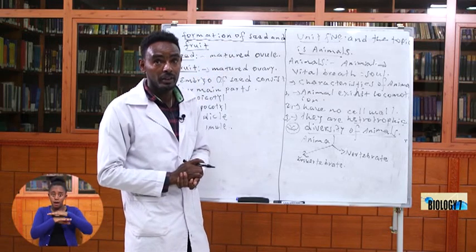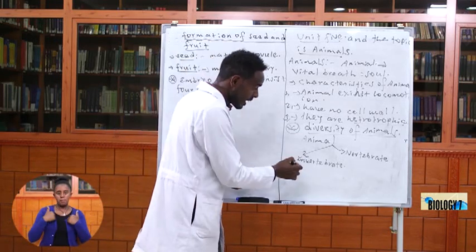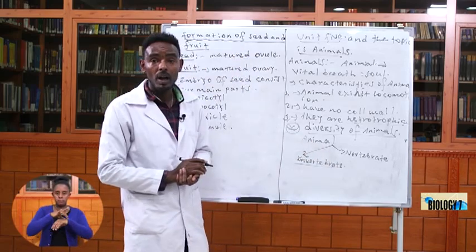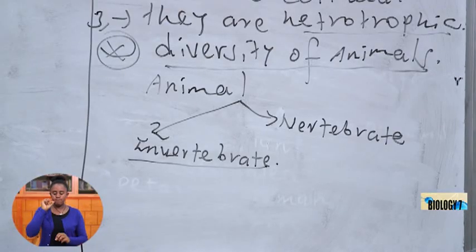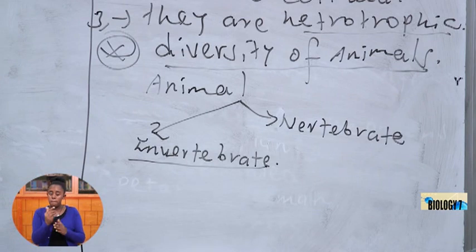Invertebrate animals are animals without a backbone or vertebral column. Insects like ants, bees, mollusks, and sponges are some examples of invertebrate animals.